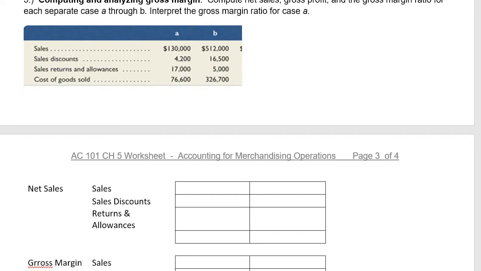So I'm going to start with sales of $130,000. Less discounts of $4,200. Less returns and allowances of $17,000.